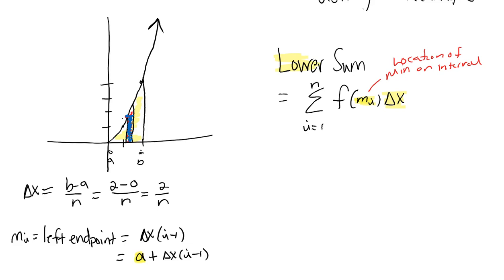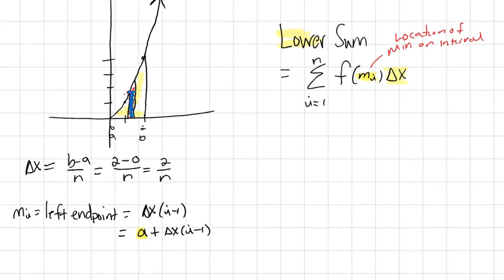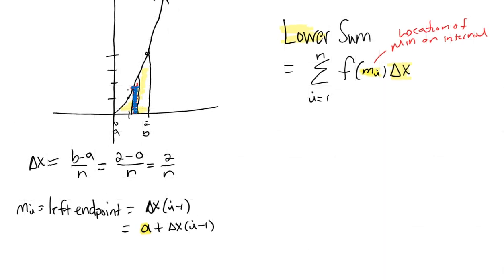So let's work out for this example what that mi would be. So our a is 0 right here. We just worked out what that delta x is. That's 2 over n. And i minus 1 will be left, just like that, because that's the way that we generate the sequence for those left endpoints.